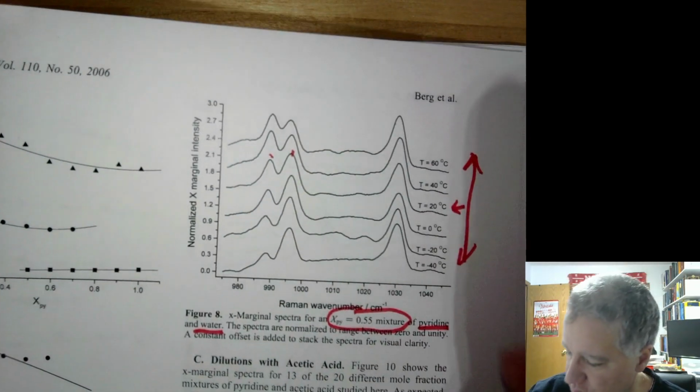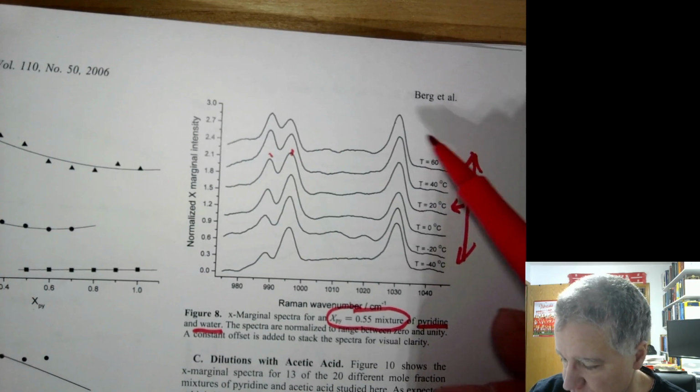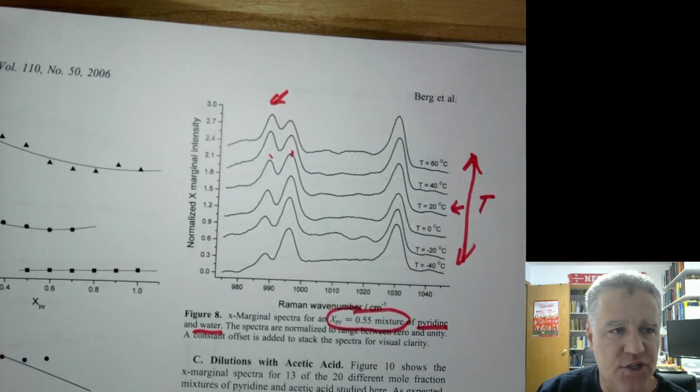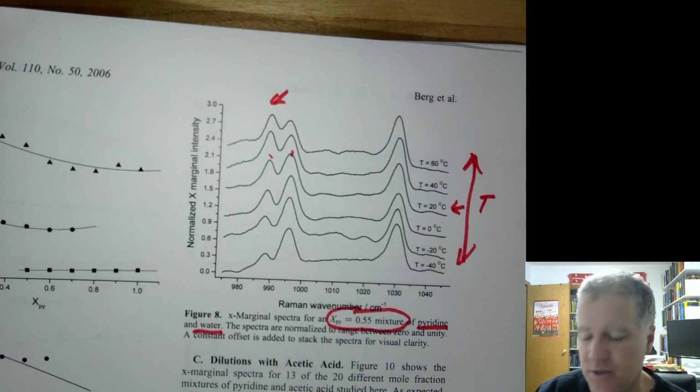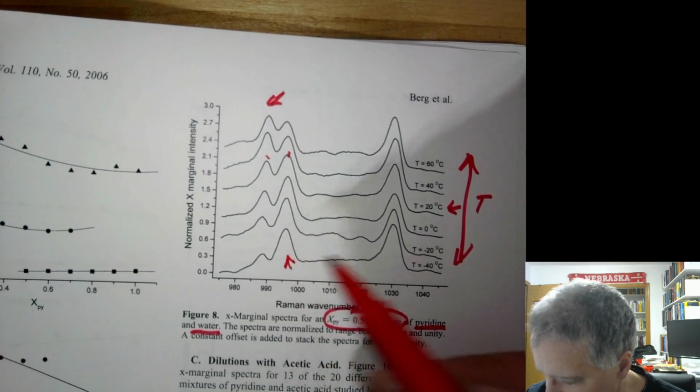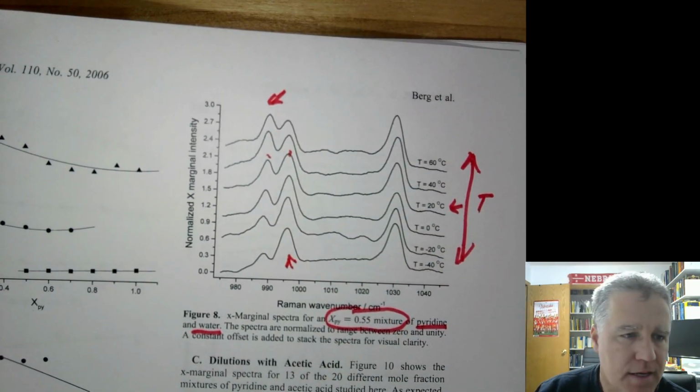And so as we raise the temperature, we see a little shift to less hydrogen bonding. And when we lower the temperature, we shift to more hydrogen bonding.